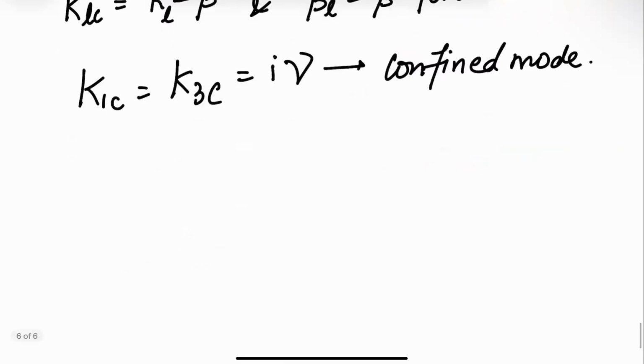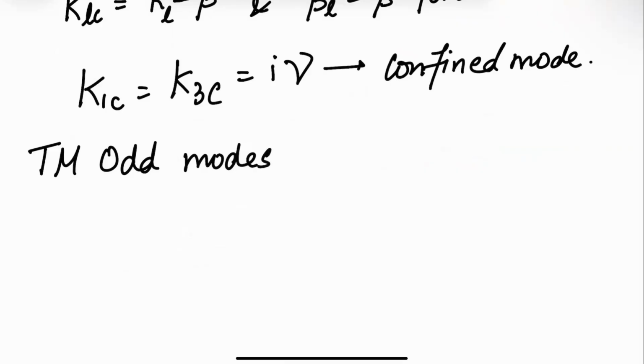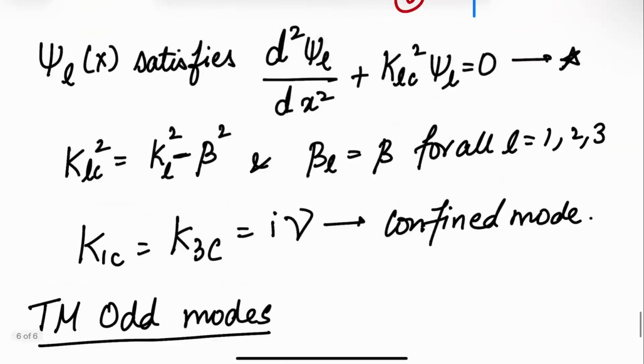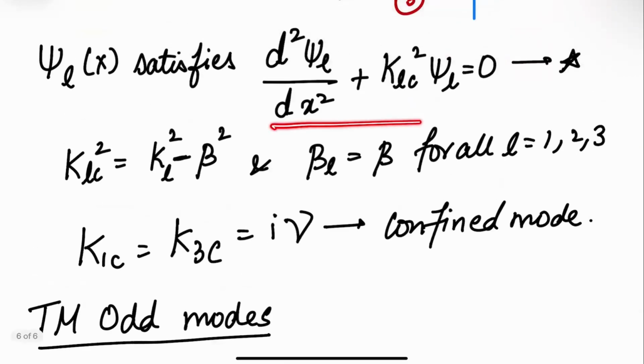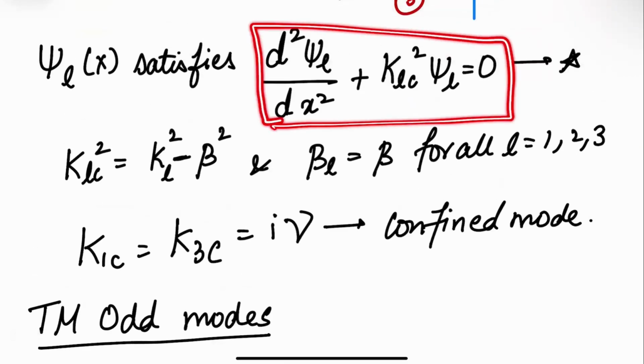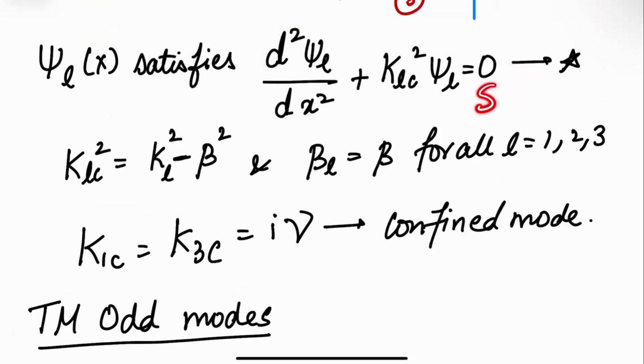So we can divide the solution space into two cases within TM. One is TM odd modes, and the other is TM even modes. Okay. So if I go back to this wave equation, which is just a one-dimensional equation, it's pretty simple. Solutions to this can be of the form sine or cosine.